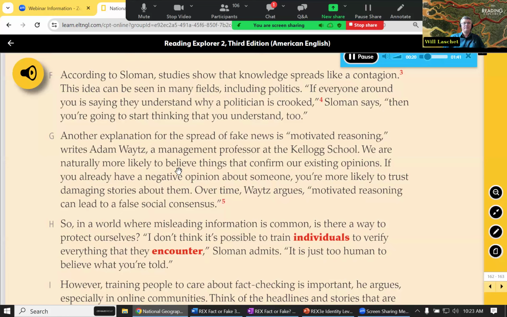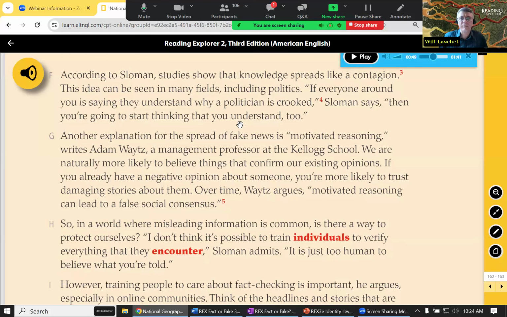Another explanation for the spread of fake news is motivated reasoning, writes Adam Waits, a management professor at the Kellogg School. We are naturally more likely to believe things that confirm our existing opinions. If you already have a negative opinion about someone, you're more likely to trust damaging stories about them. Over time, Waits argues, motivated reasoning can lead to a false social consensus.